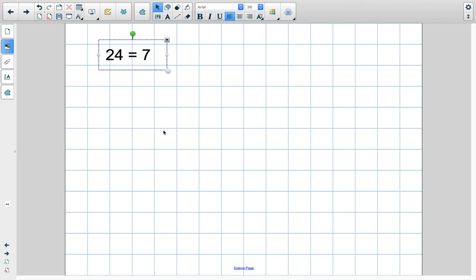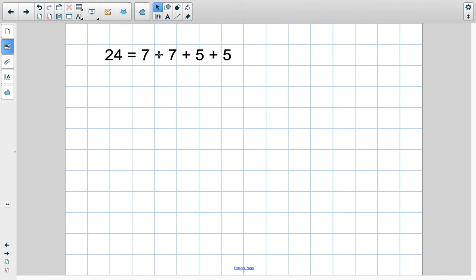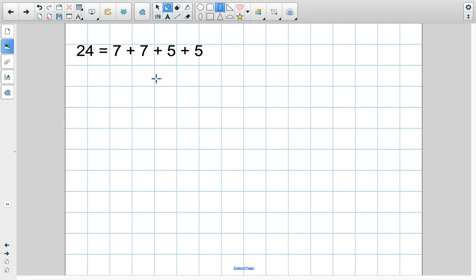Let's try 7 plus 7 plus 5 plus 5. So if I take a look at that rectangle, 1, 2, 3, 4, 5, 1, 2, 3, 4, 5, 6, 7.